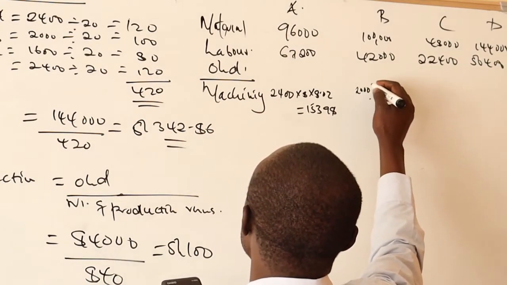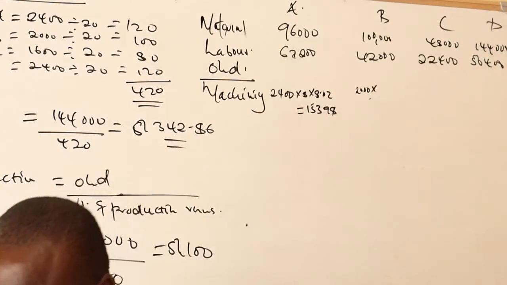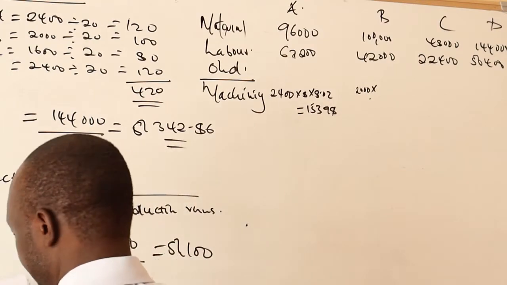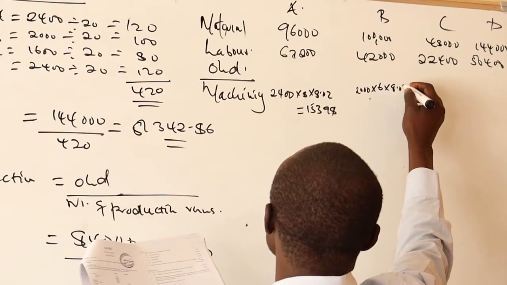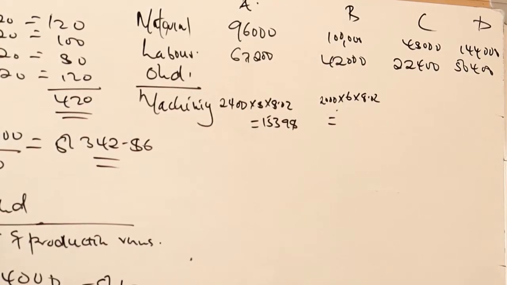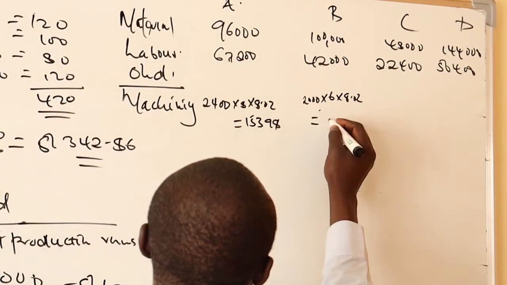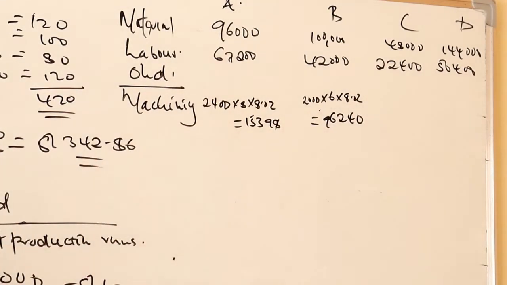For product B, we multiply 2,000 by the machine hours per unit, which was 6, times 8.02. So this will be 2,000 times 6 times 8.02, which is 96,240. The next one is 1,600.